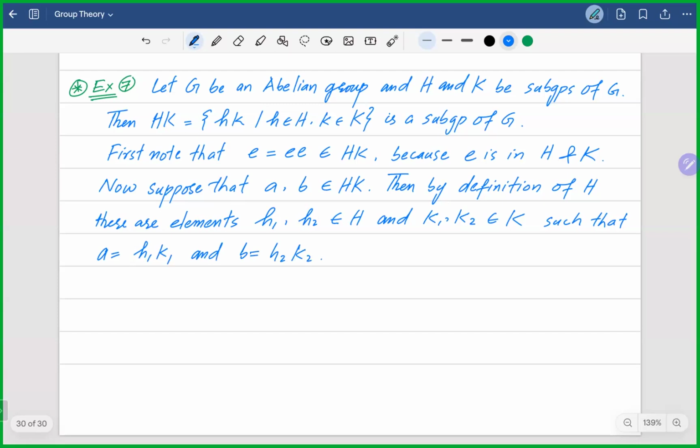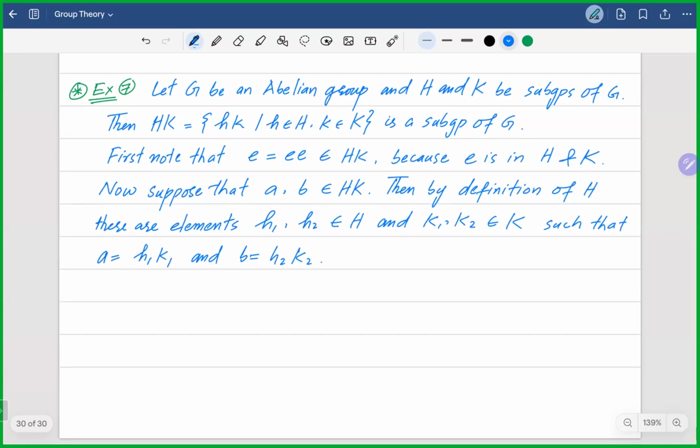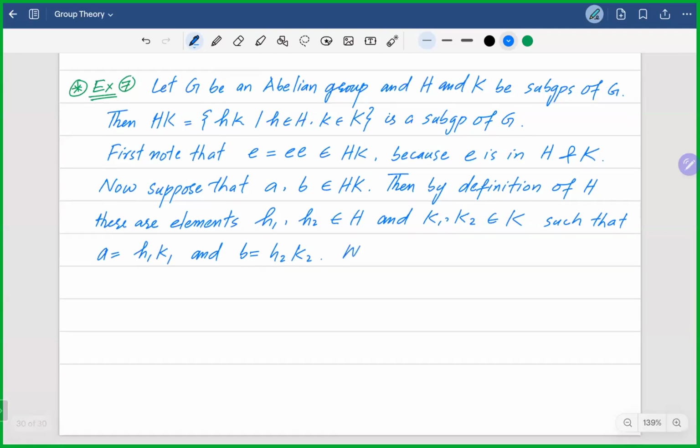We must prove that AB is in HK and A inverse is in HK.